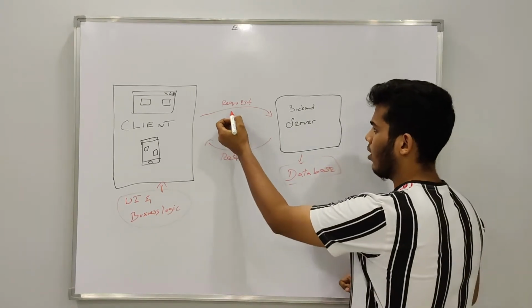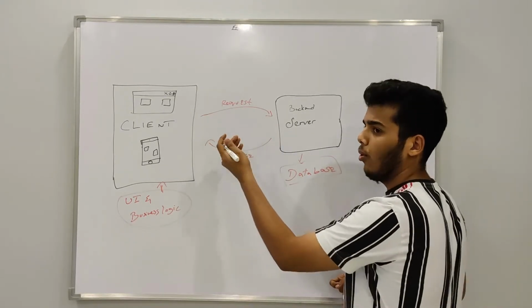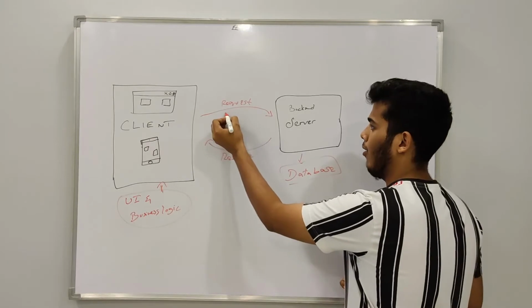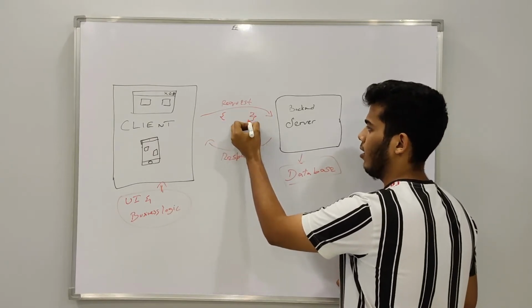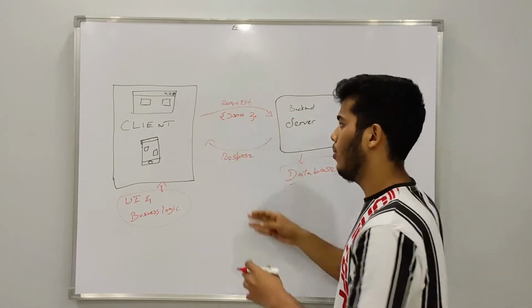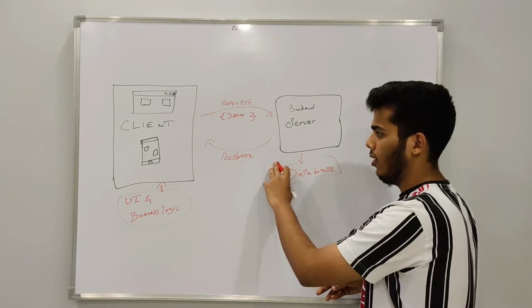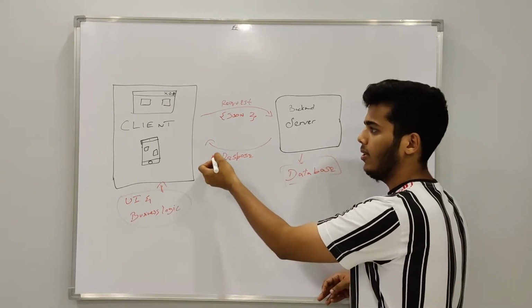The request will contain certain headers and the data, need to buy groceries, which will be JSON data. We'll discuss more about this in the coming videos, but we'll be sending a request saying that you need to store this into your database, and in turn the server will send a response.